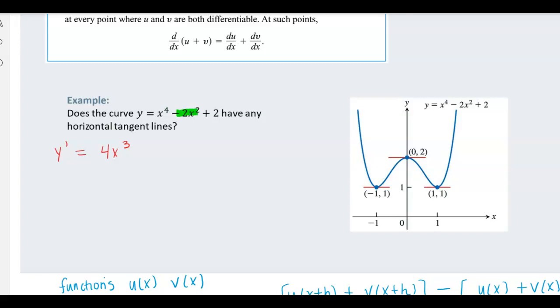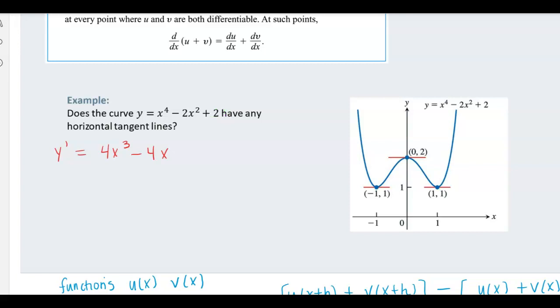For the second term, I've got a minus 2. It's going to be multiplied by that 2 as the exponent. So that'll be a minus 4x to the first power. And then the very first rule that we saw showed that the derivative of a constant is 0, so we don't have to write anything there.